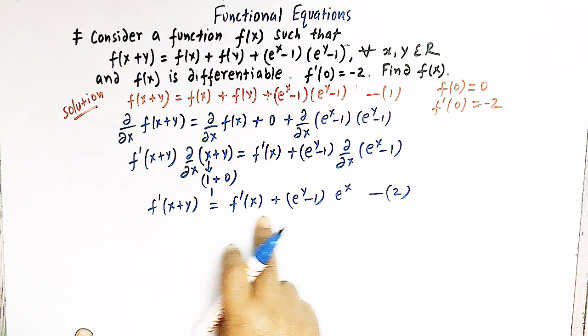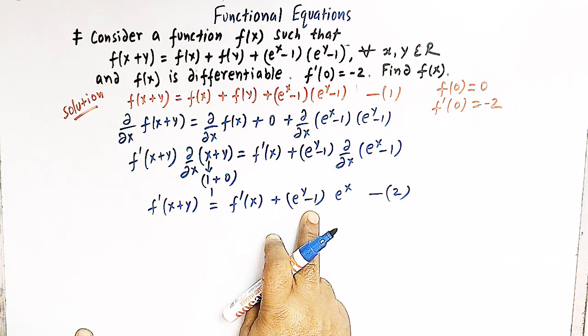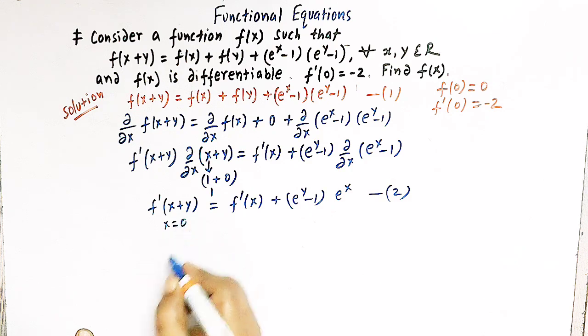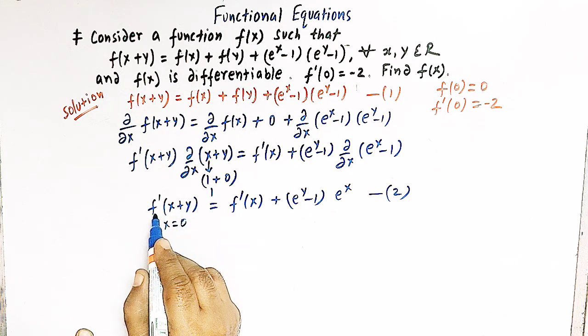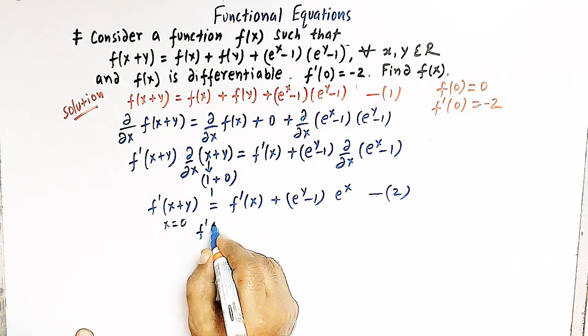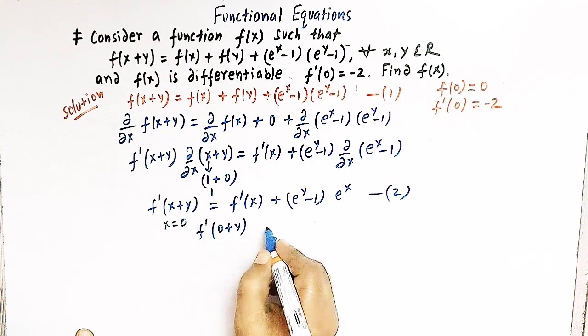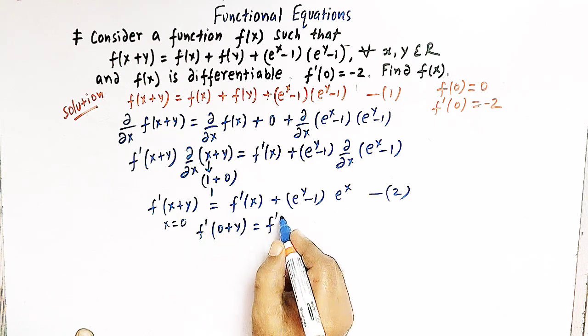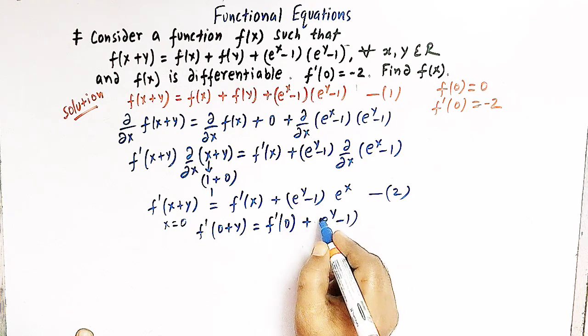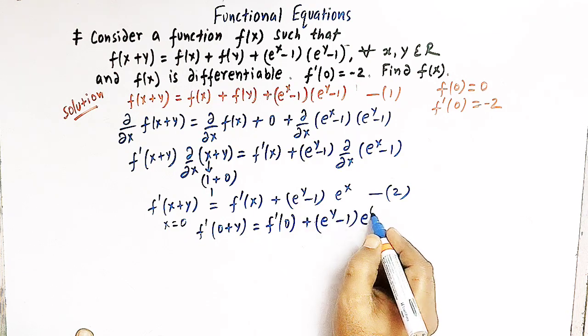So now we have this important equation, right? So let us substitute here x is equal to 0. So when we take x is equal to 0 in equation 2, we have f prime of 0 plus y, and here we have f prime of 0, and then (e raised to y minus 1) times e raised to 0.